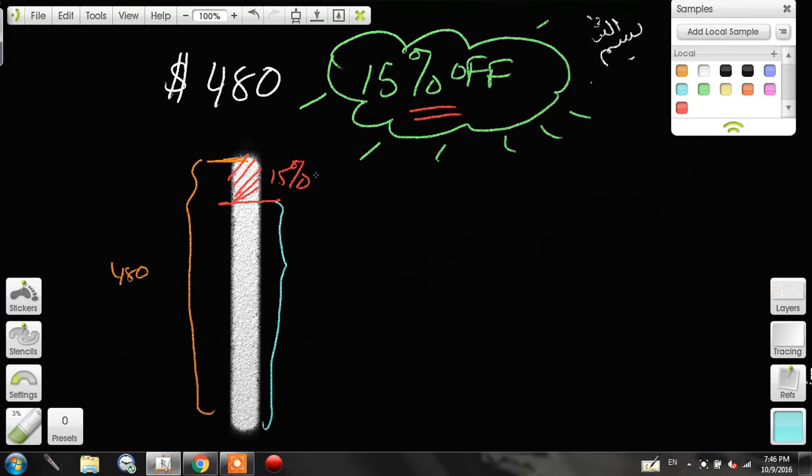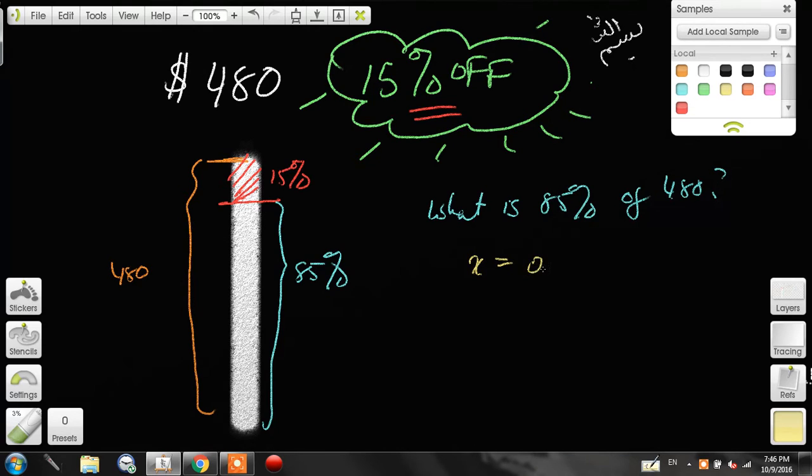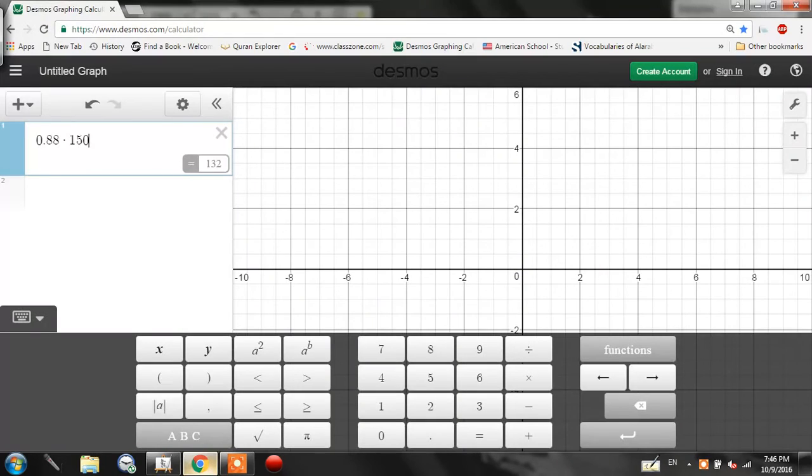Well, if 15% is taken off, you're going to have to pay 85% of the original price. Follow? So then it says, what is 85% of 480? This is just X equals 0.85 of 480. Let's do that.